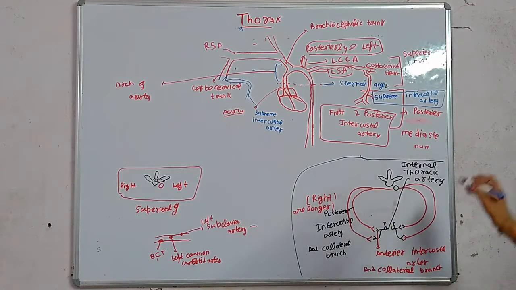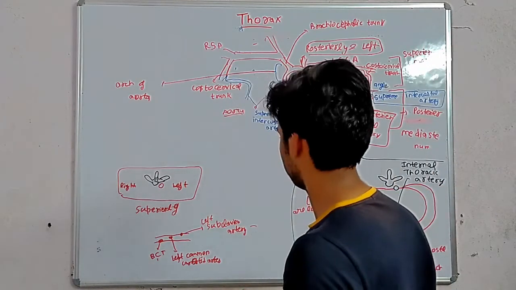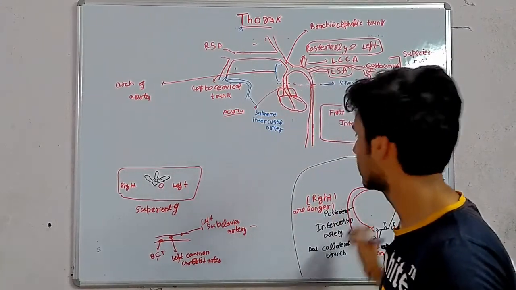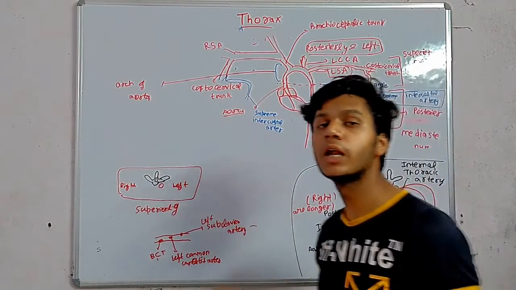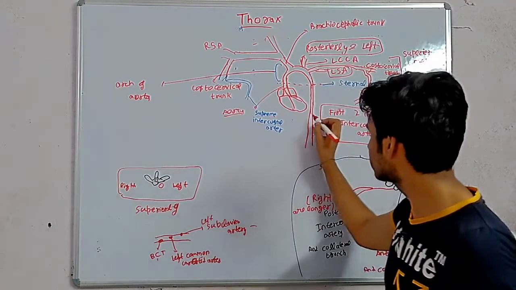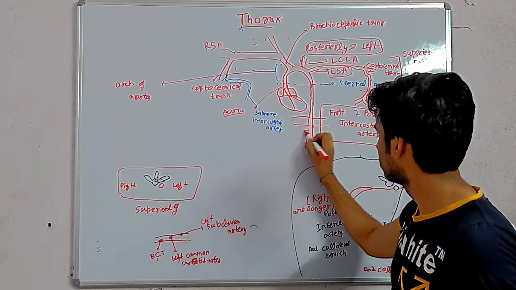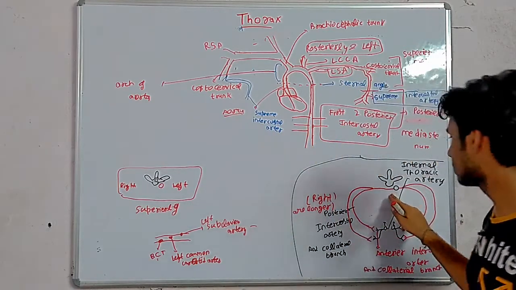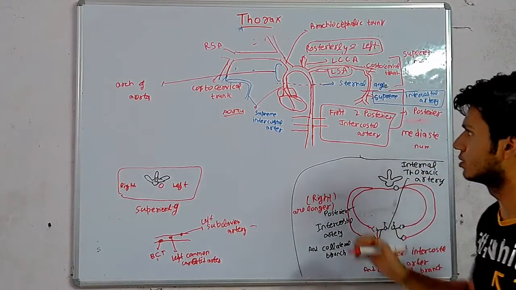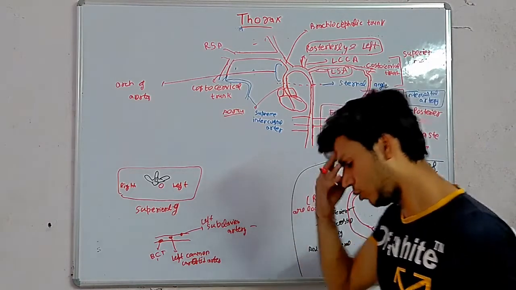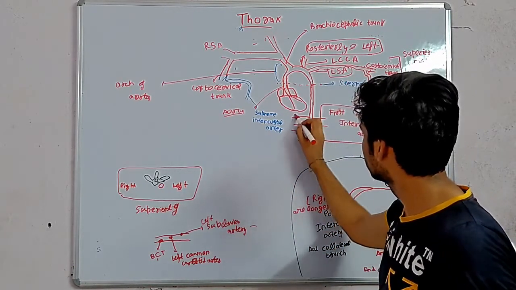Now come to the other spaces. In each space, the thoracic aorta gives posterior intercostal branches like this, 3 to 11. We know that the thoracic aorta is present posteriorly, so it gives branches like this in spaces 3 to 11. 11 spaces are also present like this.